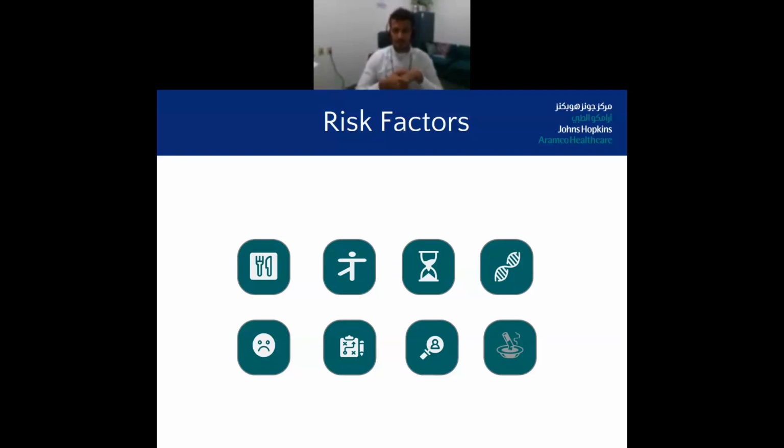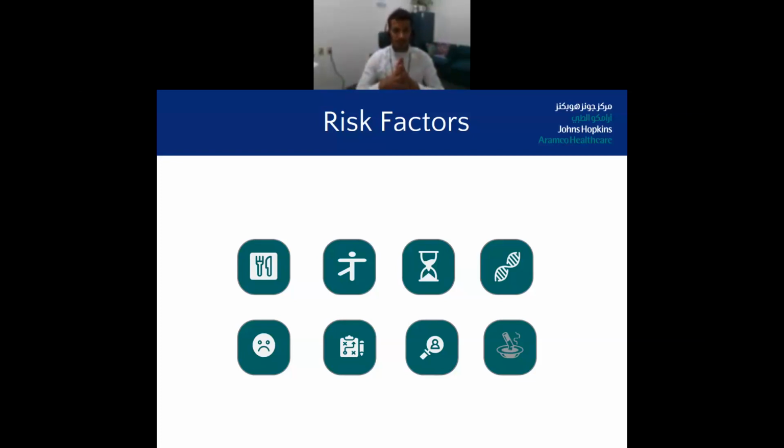And also one of the risk factors that we don't have control over is aging. As people age, the more they tend to develop chronic diseases, and one of them is hypertension. And also hypertension could be genetic. Often people will inherit hypertension from their parents or if it's in the family history.